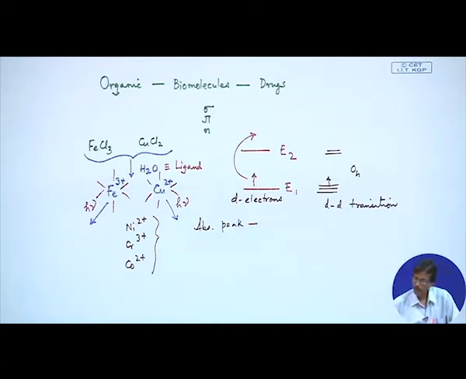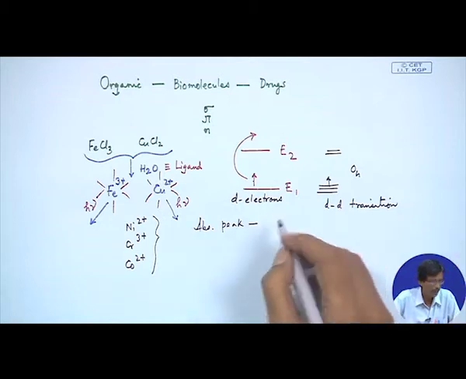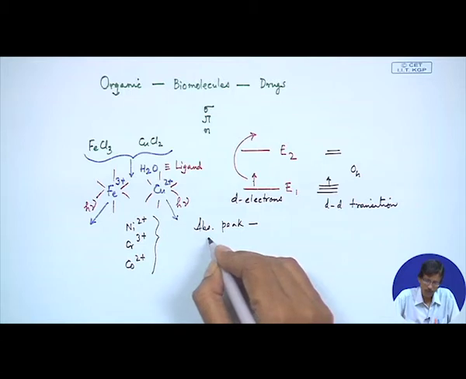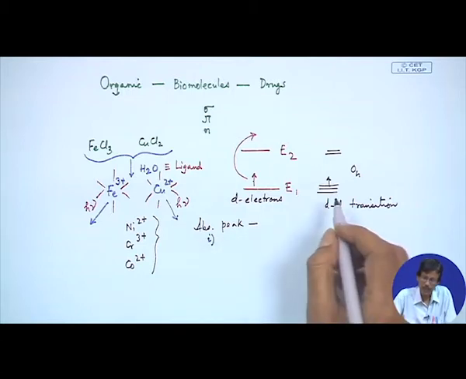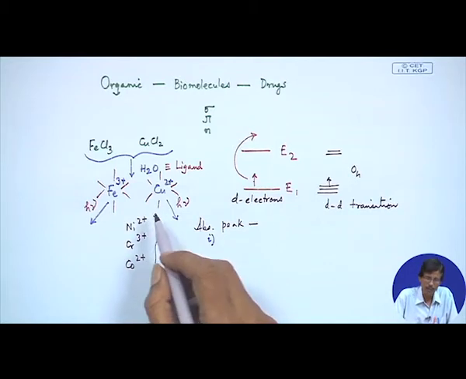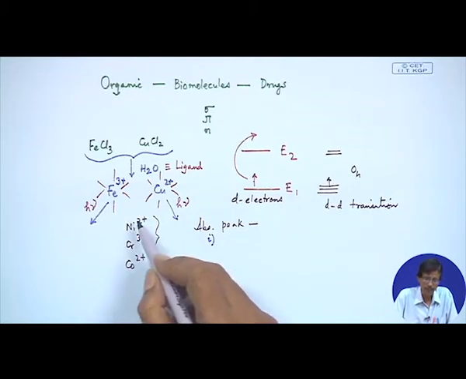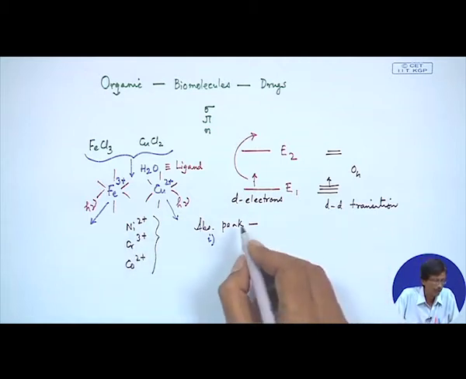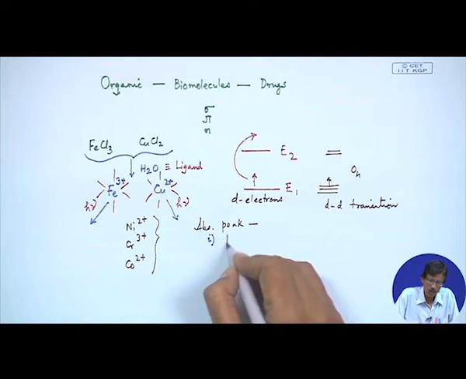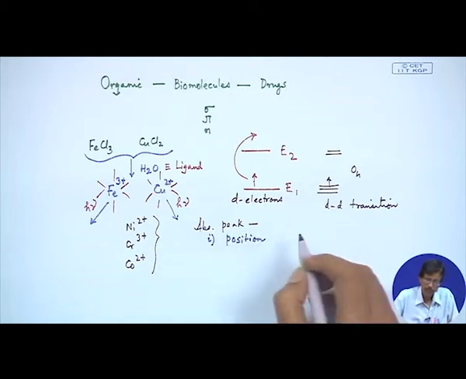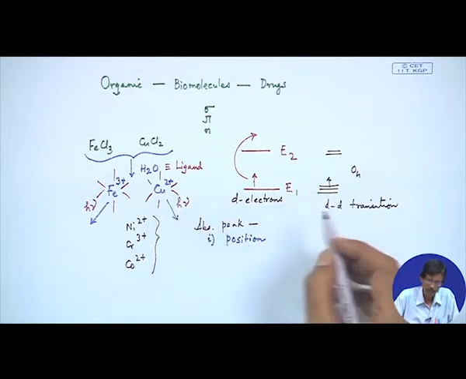This electronic transition, centered on the metal ions, will depend on certain factors. The metal ions contain some d electrons, and those d electrons responsible for these transitions depend on how many electrons are present in a particular oxidation state.